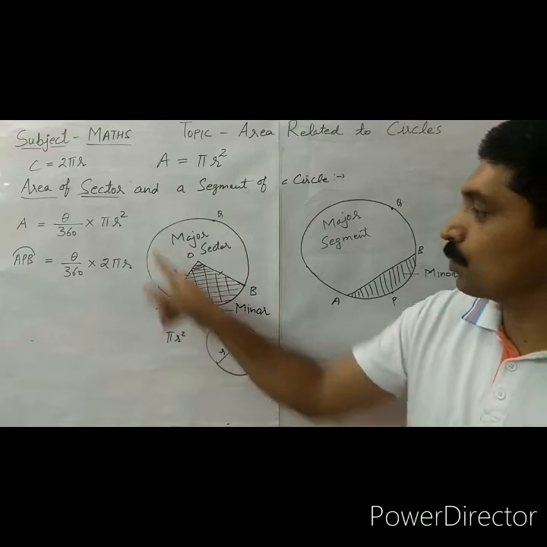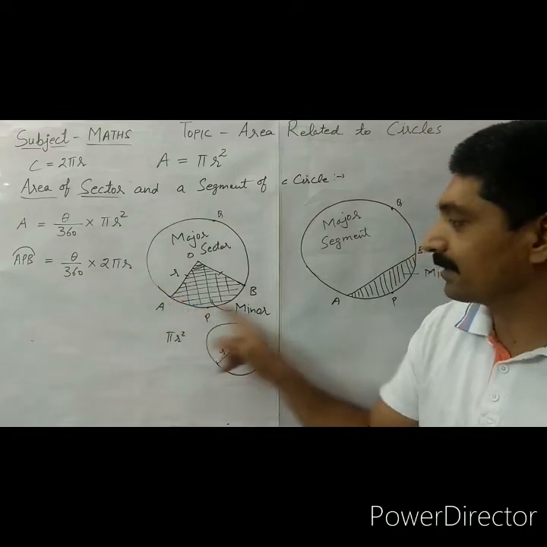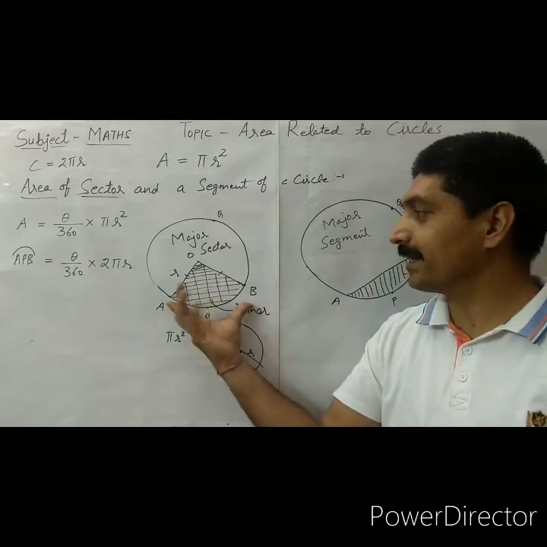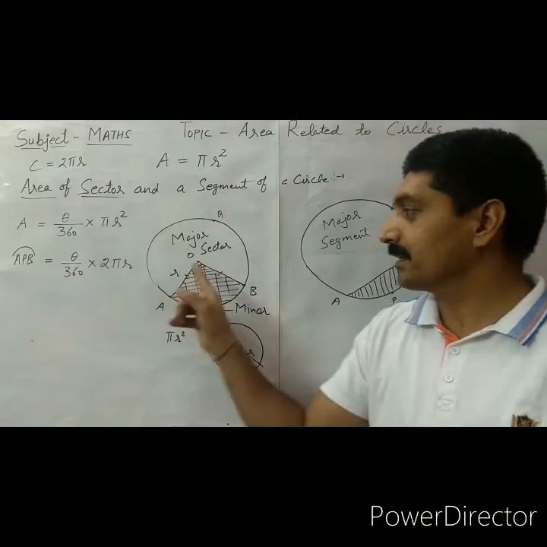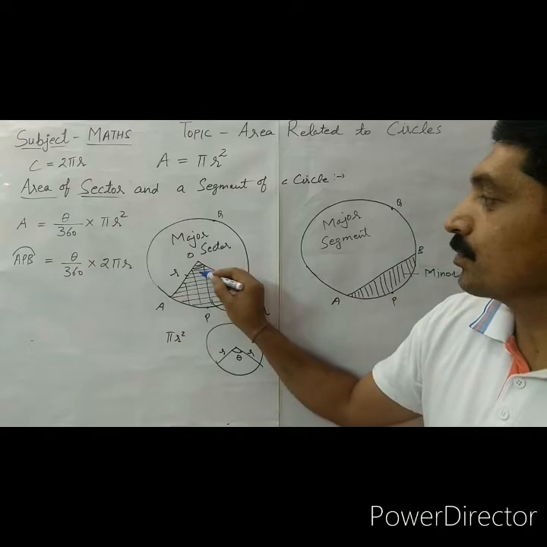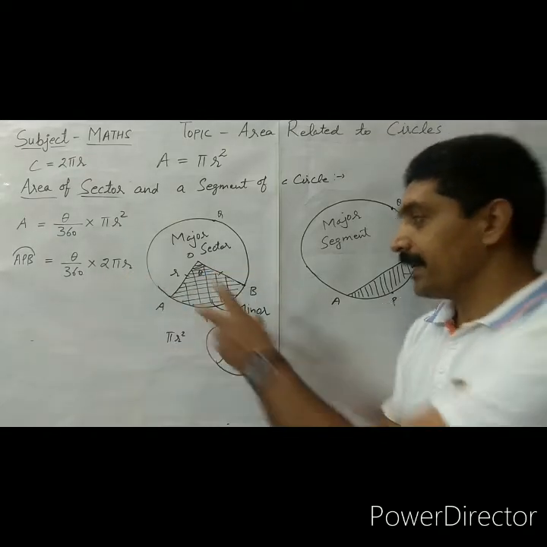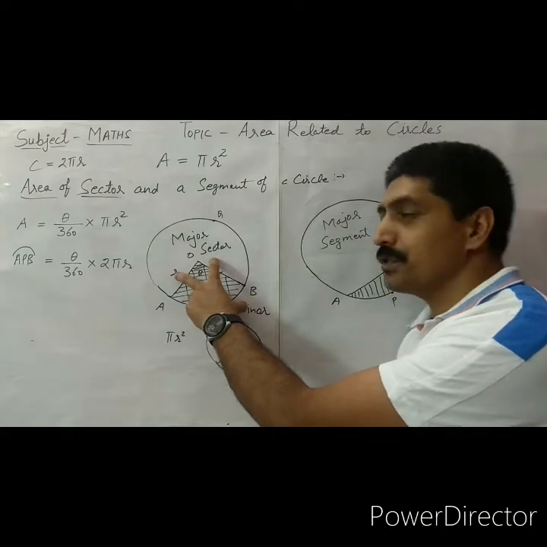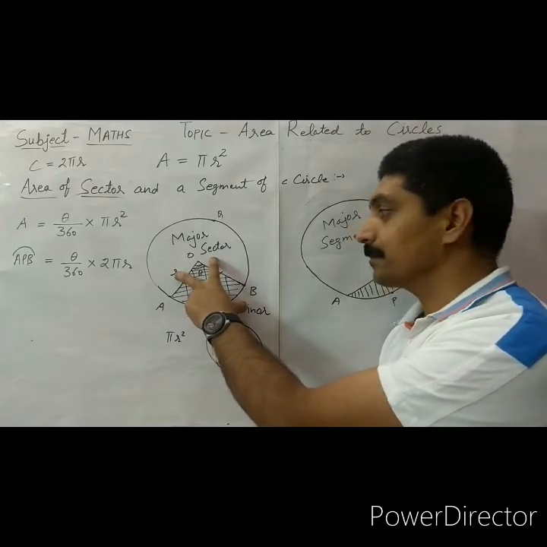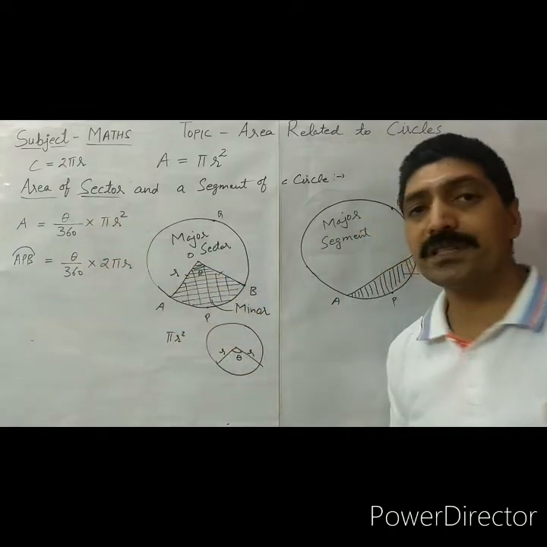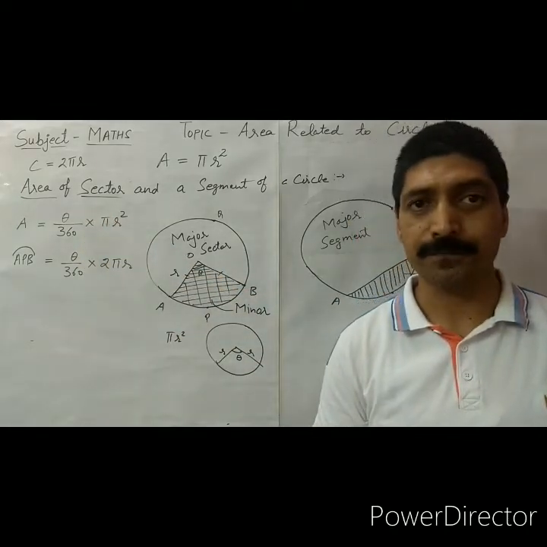Here we have again two arcs. One is the minor arc APB. So the length of this minor arc APB, where this angle here is theta, is theta upon 360 into 2 pi r. And the area of this portion, which is called the minor sector, is theta upon 360 into pi r square.